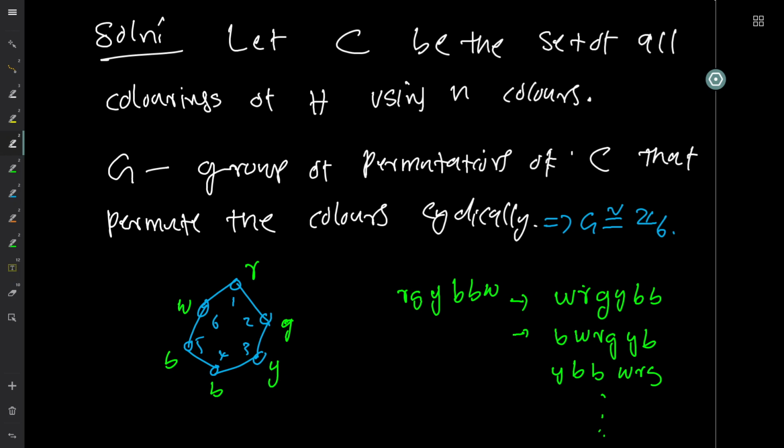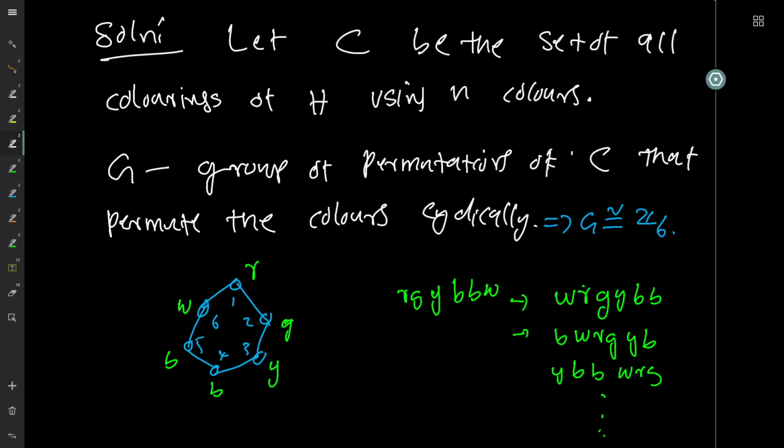So G is the group of permutations of C that permute the vertices cyclically, so basically the rotations, right? Since there are 6 vertices, you have exactly 6 rotations, including the identity, and you will see that this is actually isomorphic to Z6.